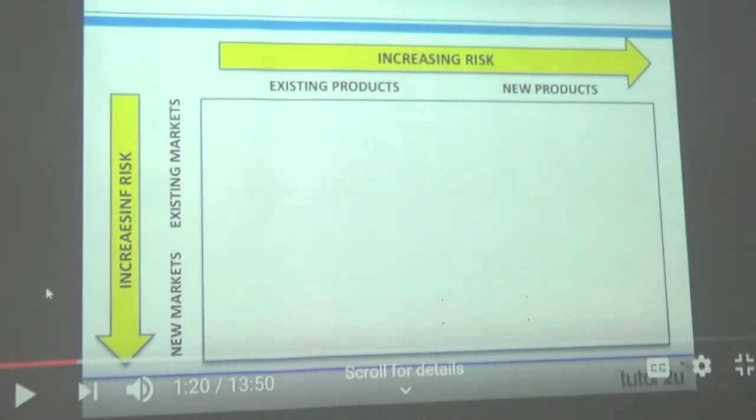That entry strategy is far more risky. Now, if you're successful, you can save a lot of money on cost, perhaps, and make a huge profit, but it's a risk-reward situation.